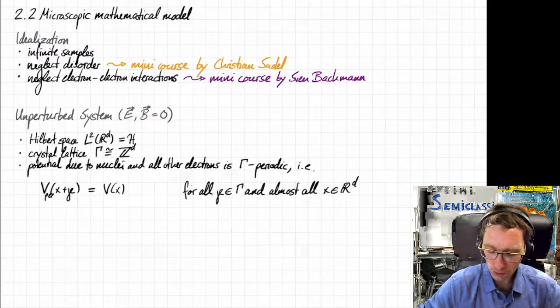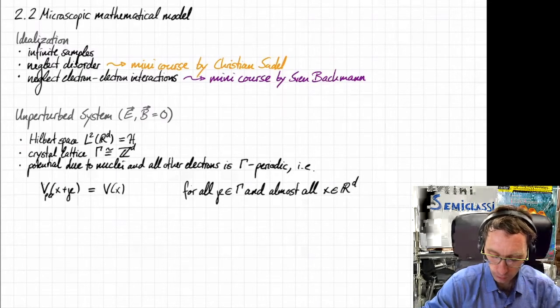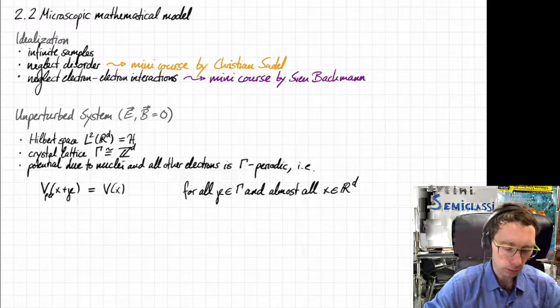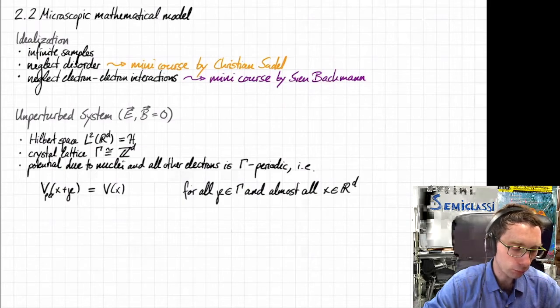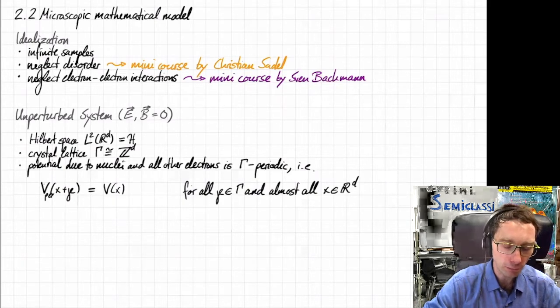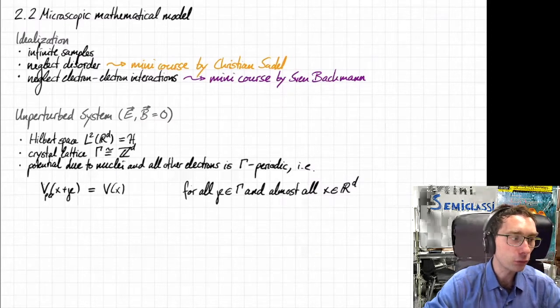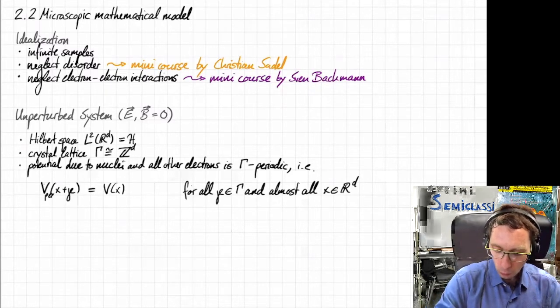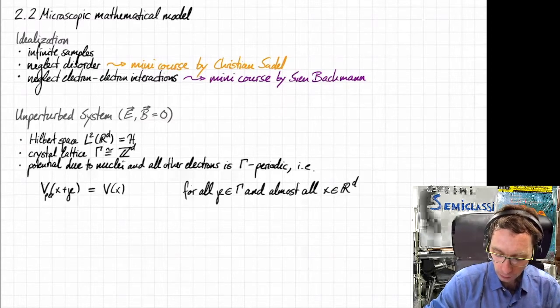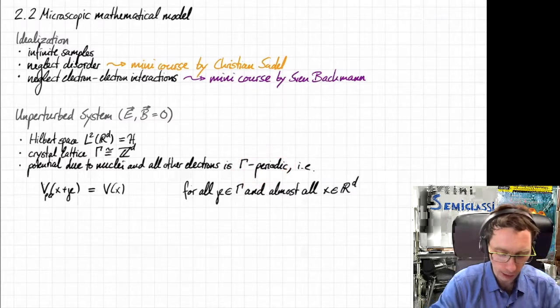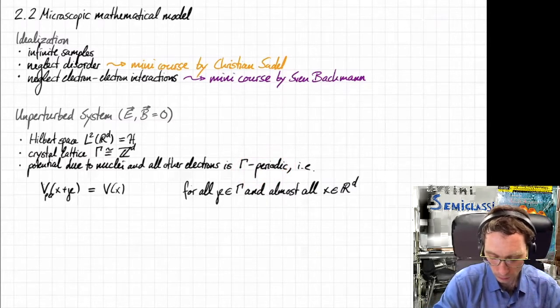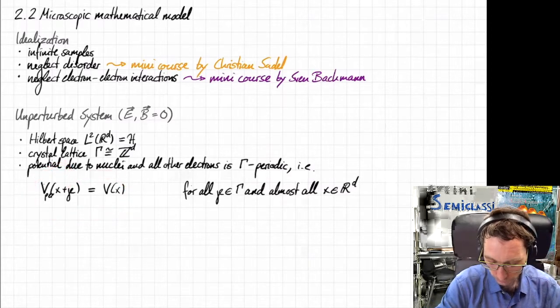The almost all is, as usual, due to the fact that V need not be continuous, so you have to work with spaces like L infinity, where functions are only determined up to what they do on a set of measure 0. Of course, in the following, I will not stress the Gamma. Instead of saying Gamma periodic, I will just say periodic, and it is understood that I mean this condition here.